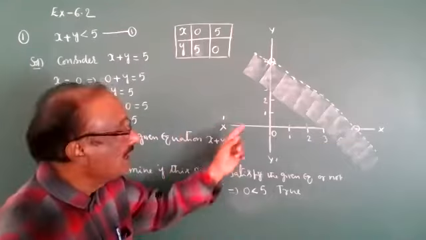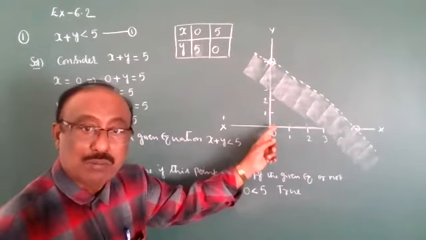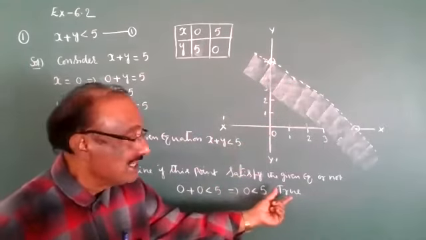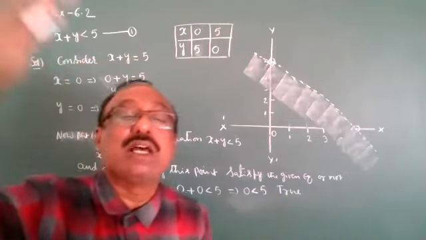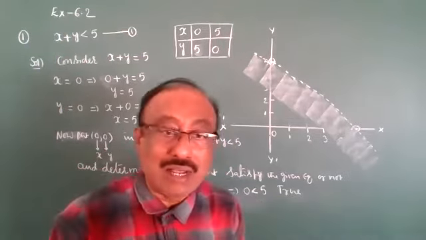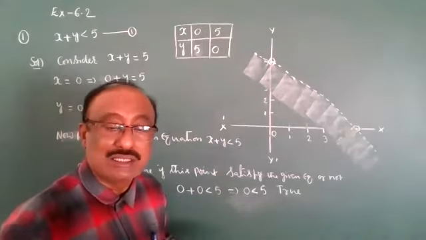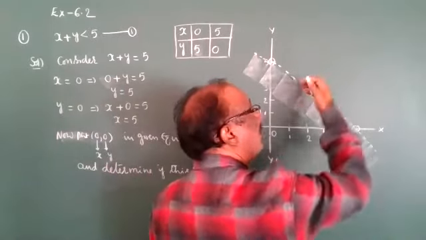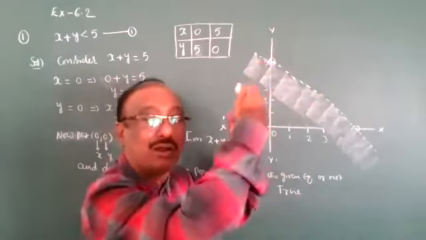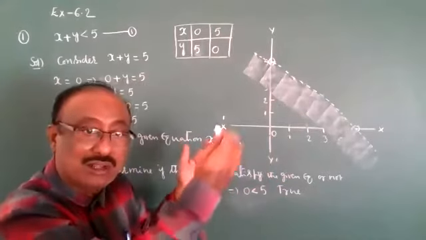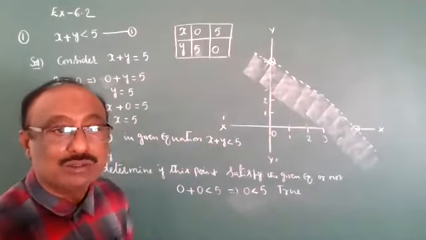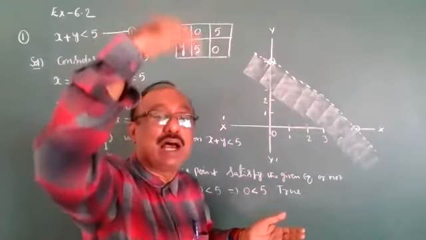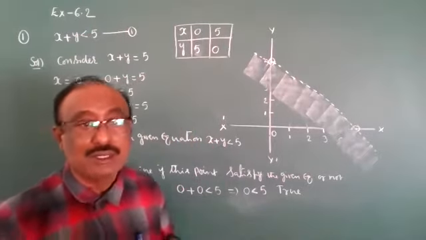True means this point is true, so draw the graph downside. If this condition fails, draw the graph upside. True means draw the graph downside. False means draw the graph upside. Okay? Abhay, clear now?